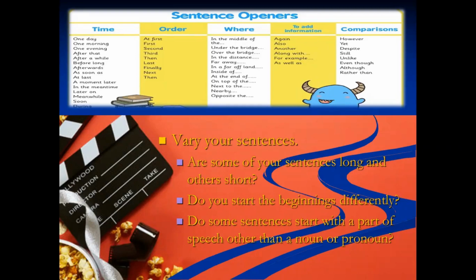And do some of your sentences start with a different part of speech? For example, did you start some with a noun, or did you start some by saying Mrs. Myrtle and then changed it up and said she or her? It's very important that you vary how you begin your sentences. And that is a part of sentence variation as well.